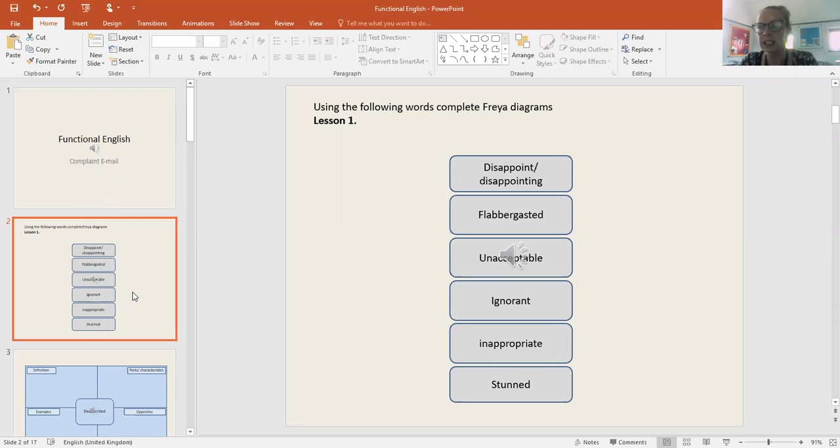It will elevate your style of writing up to a level that is expected for level 1. So let's have a quick read through of these words. So it's disappoint, disappointing, flabbergasted, unacceptable, ignorant, inappropriate, and stunned.